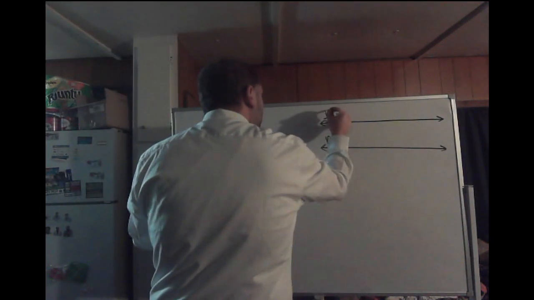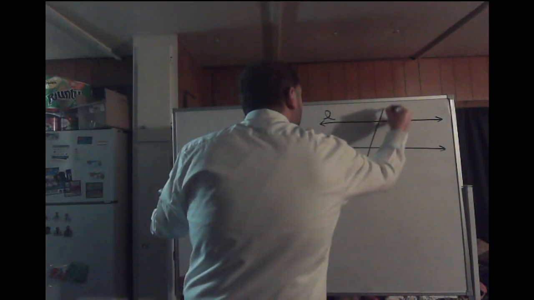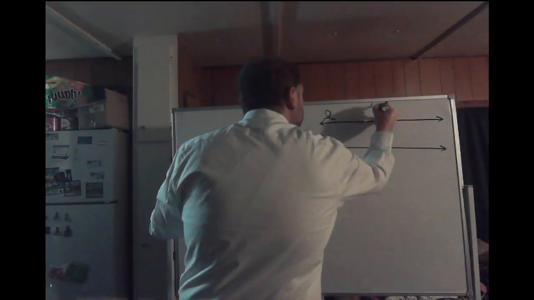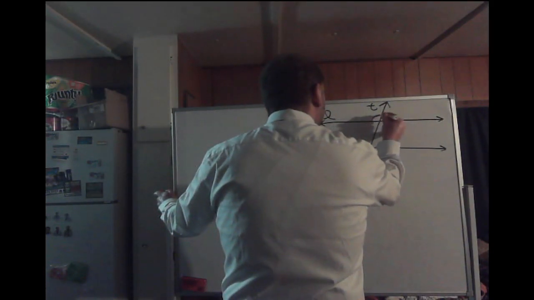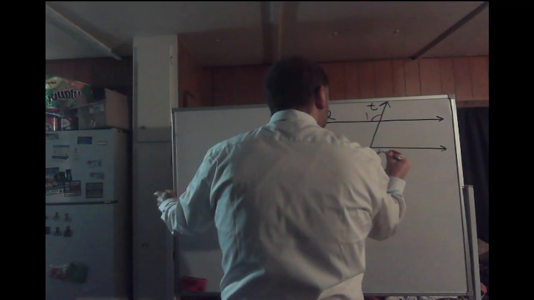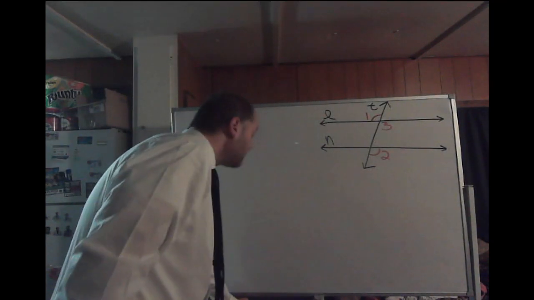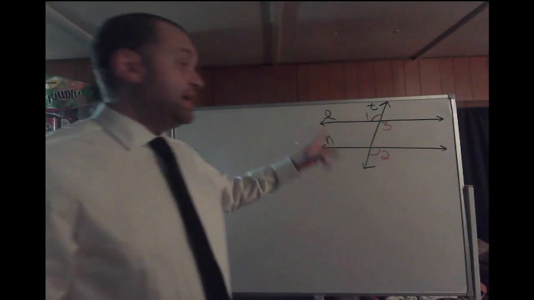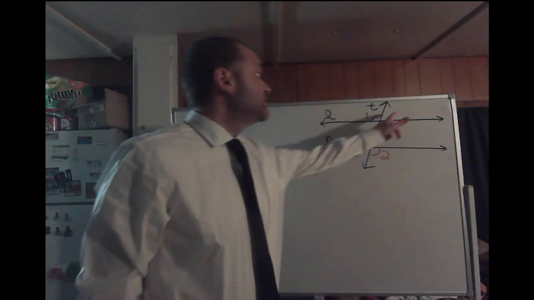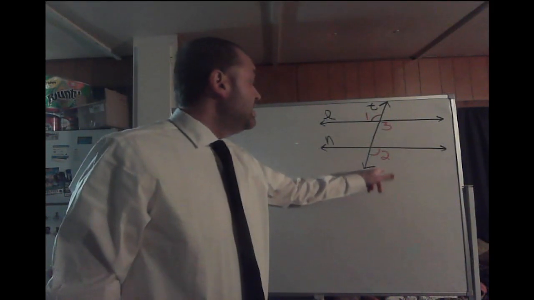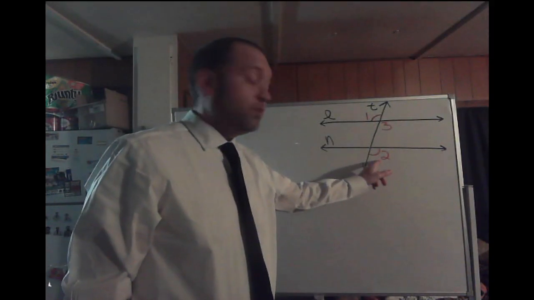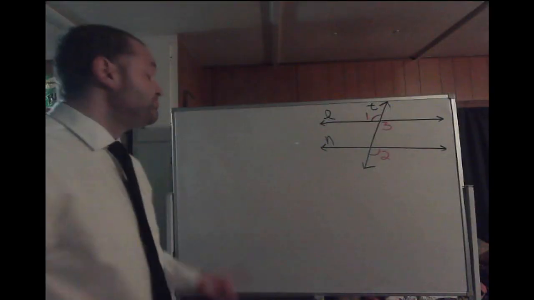L, N, this is T. So here, what we have in this diagram, we have lines L and N. They're both intersected by transversal line T. These arc marks mean that angles 1 and 2 are congruent to each other. Then we have an angle 3.